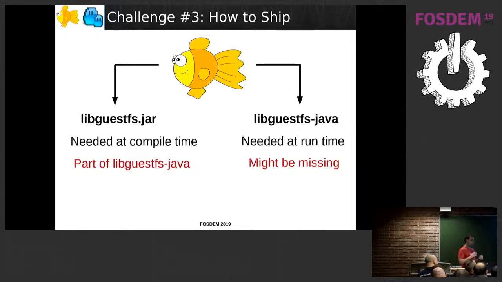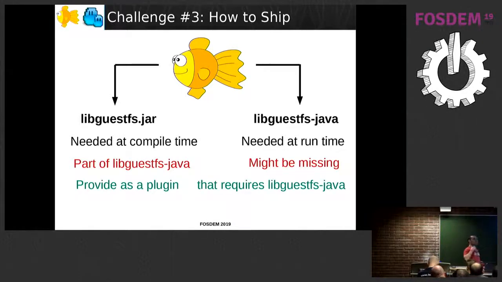One, we obviously don't want to duplicate the Java file into muCommander because it should already be accessible on the host. And second, libguestfs Java might be missing on the host. I plan to overcome this problem by introducing this functionality as a plugin that will be installed separately on the host, and it will declare libguestfs Java, and specifically the version that we tested the plugin with, as a dependency. That's the plan.